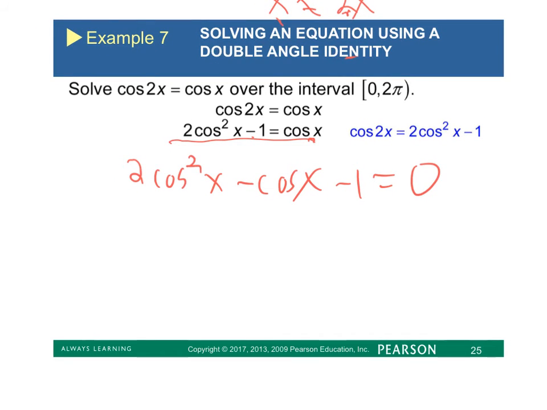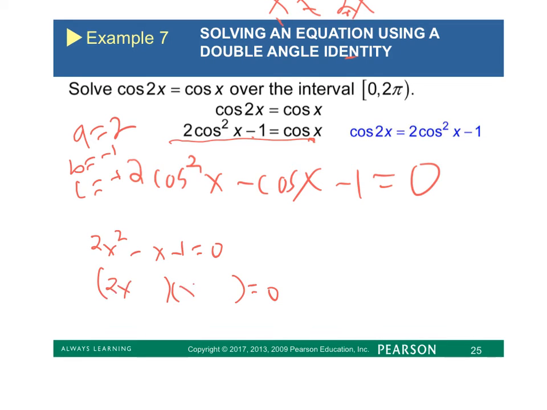If it doesn't, quadratic formula, with a being equal to 2, b equal to negative 1, and c equal to negative 1. But I hope it factors. I hope if I'm doing 2x squared minus x minus 1 is 0, let's see if it factors. Please, please. I need a 2x and an x. I need a 1 and a 1. It's the only way I'm going to get a 1. Let's see, 2x minus an x is a positive x.